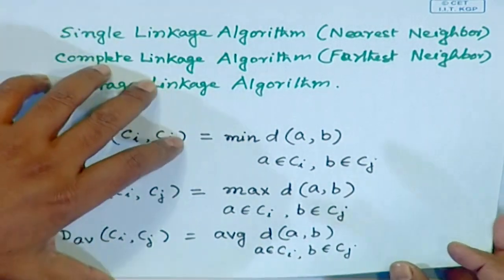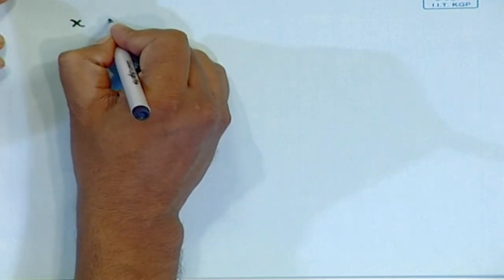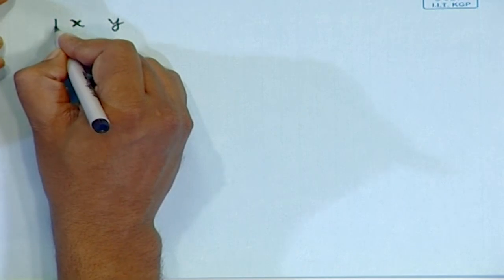So, now let us take an example to illustrate these different algorithms and the clustering result we obtain using them. Let us take a set of feature vectors, and I assume that I have two dimensional feature vectors. So, the feature components are x and y, and I take a number of points.